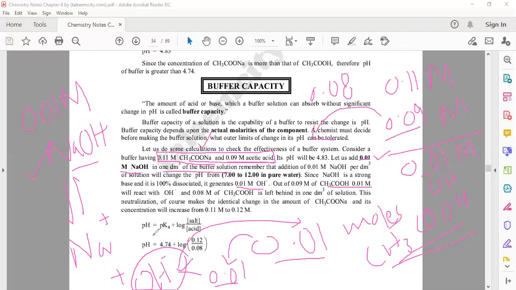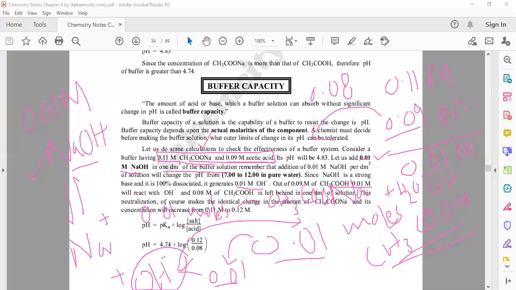Next thing is, base having 0.01 moles, so 0.01 moles of base will react with the acid and form CH3COONa plus water. जब NaOH डेसोसिएट होगा बिकॉज इट्स अ वेरी स्ट्रॉन्ग इलेक्ट्रोलाइट, कंप्लीटली डेसोसिएट होगा.